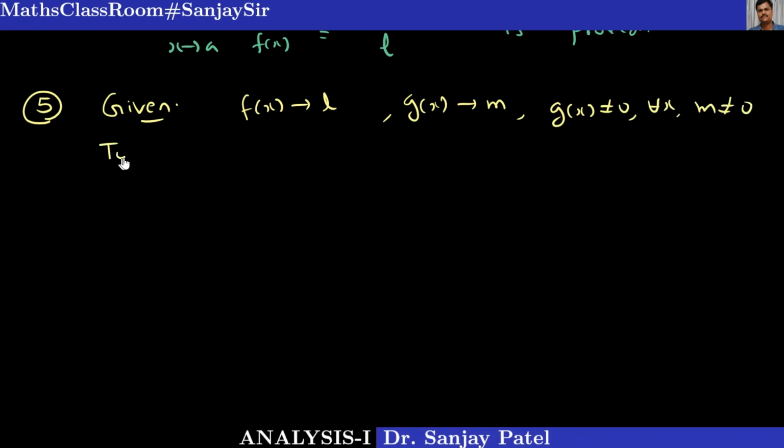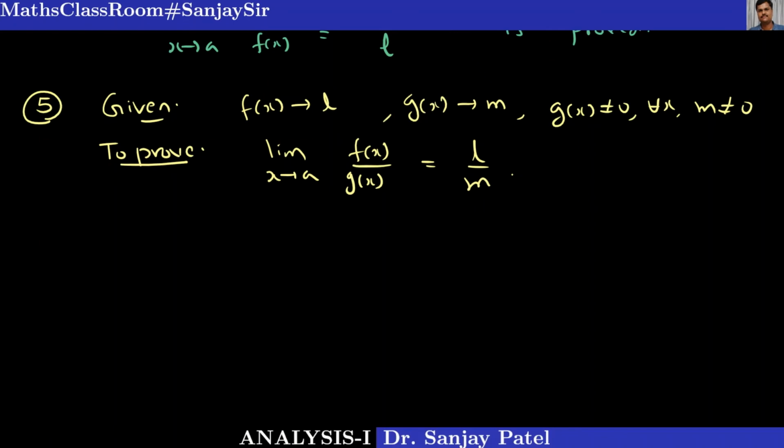And what is to prove? We want to prove that the limit of f(x) upon g(x) is L upon m. So the proof is very easy.